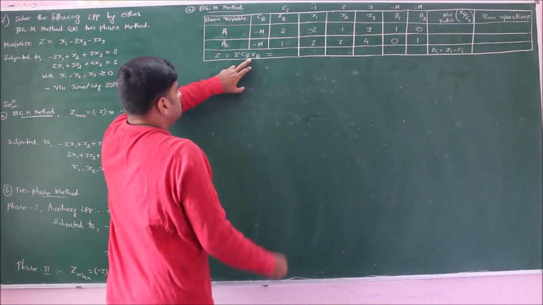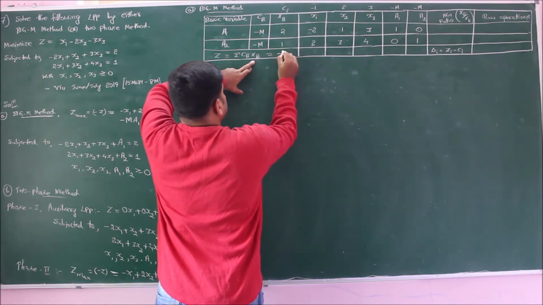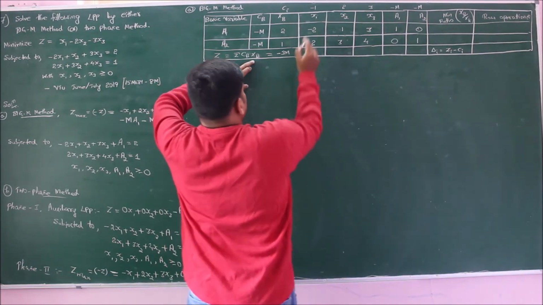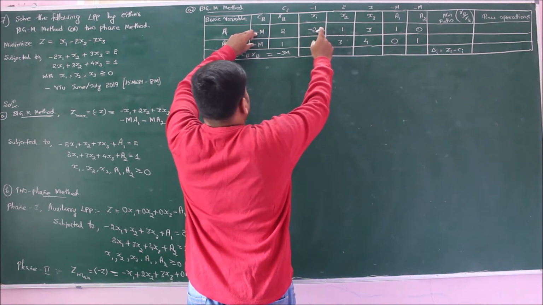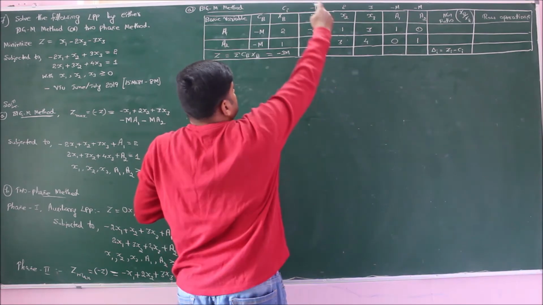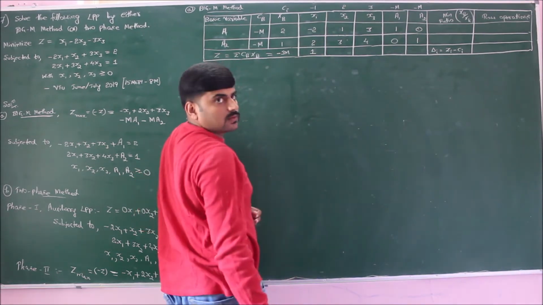If I do the summation of Cb xb here, I will get minus 2m minus m, which is nothing but minus 3m. Here, minus of minus is plus 2m, minus of plus is minus 2m, which cancels. Minus ci is minus 1, minus of minus is plus, so I will get the value as plus 1.